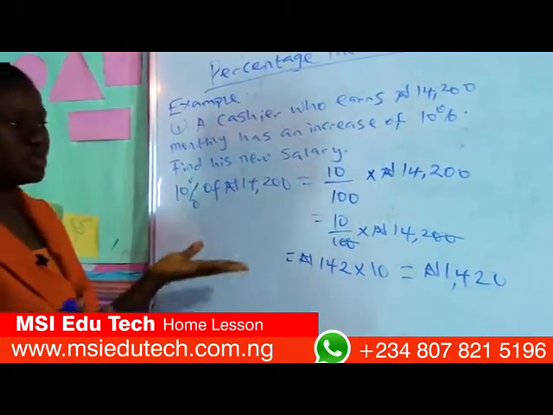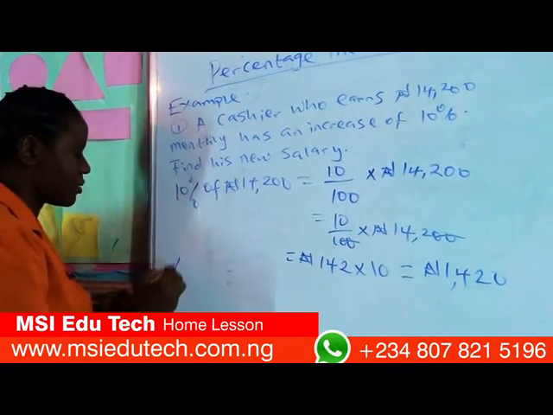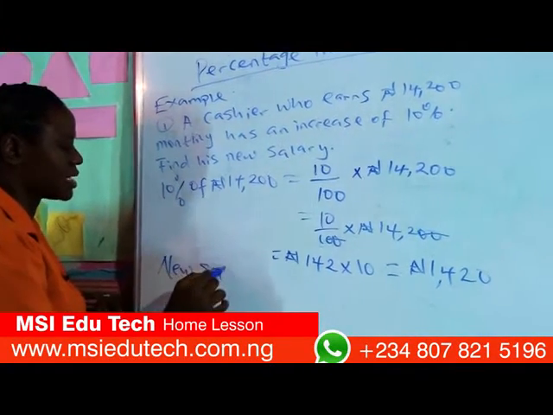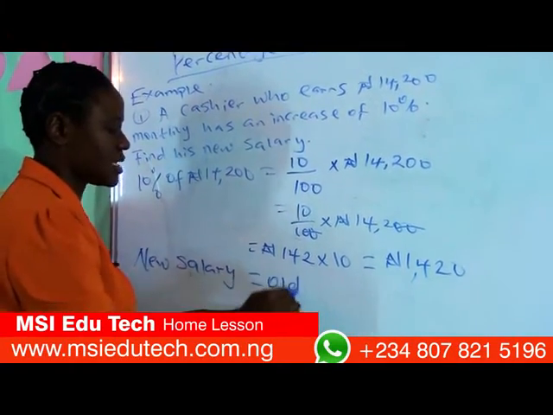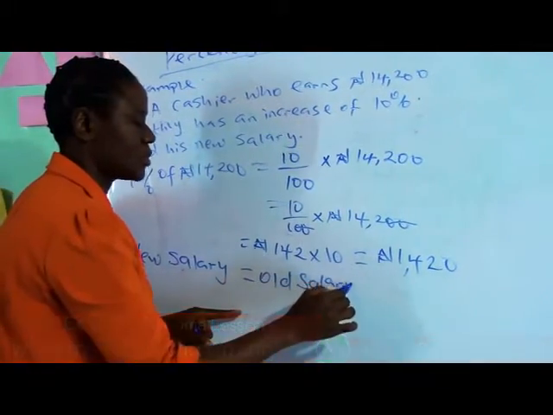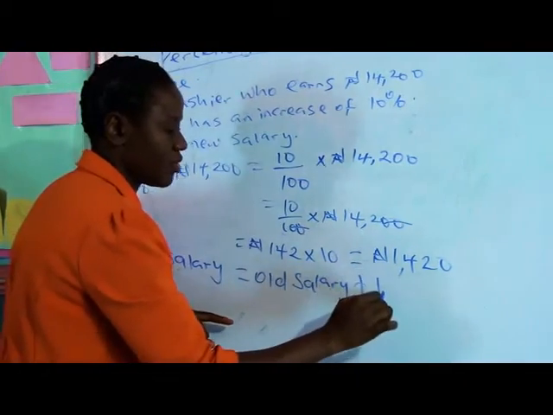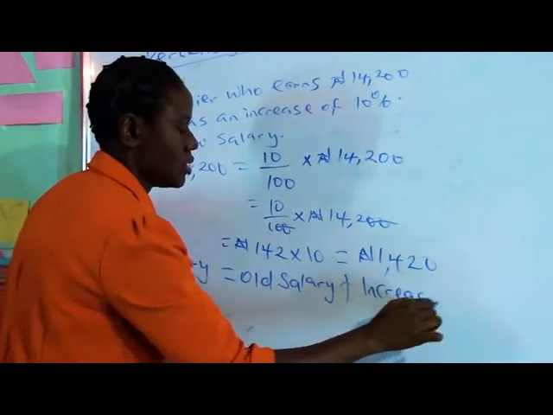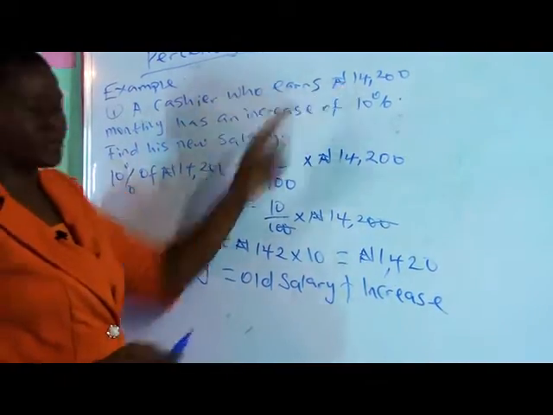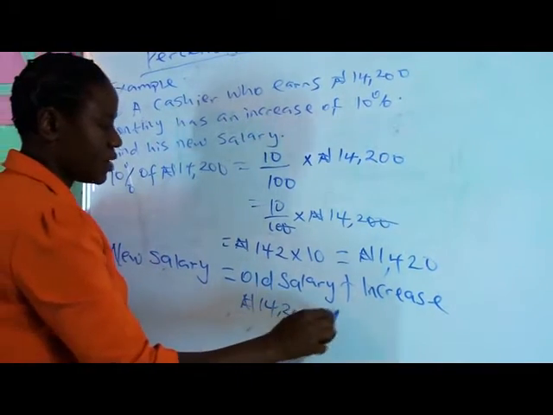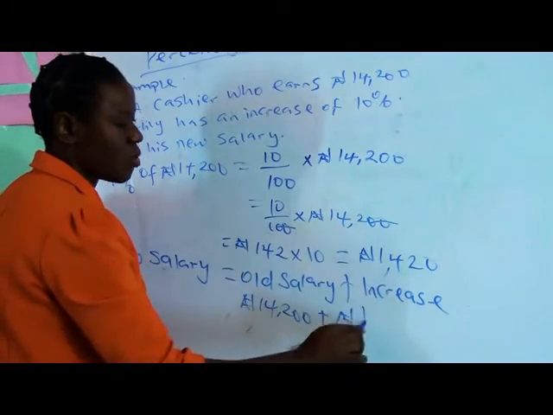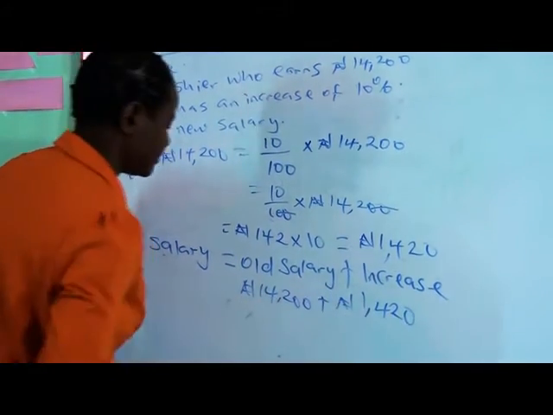So what is his new salary? The new salary would be equals to the old salary plus the increase. The old salary is 14,200 naira plus the increase 1,420.